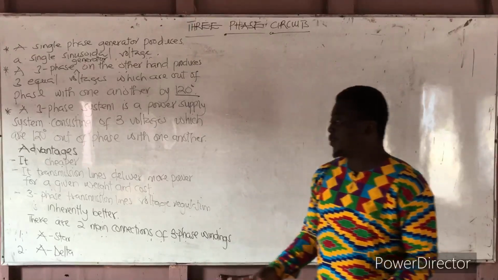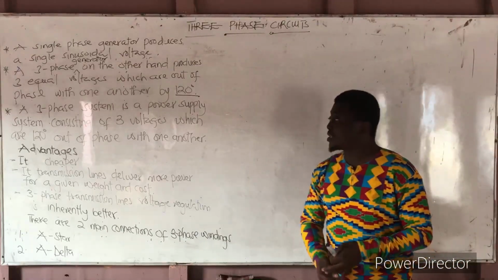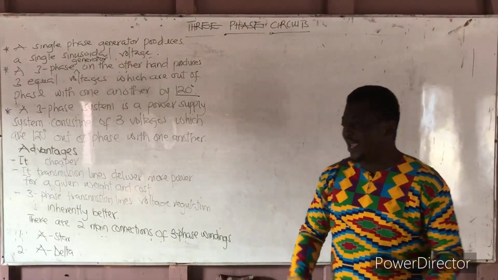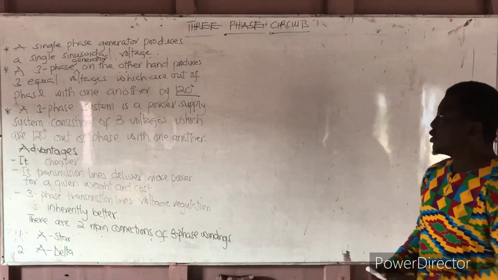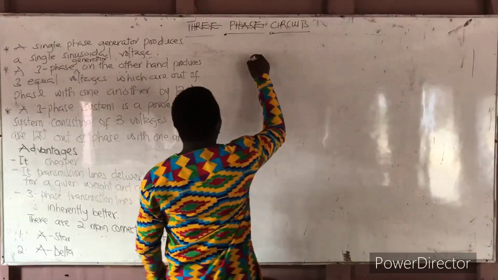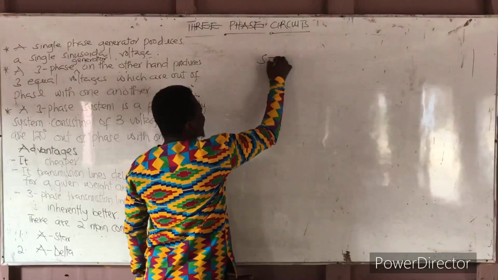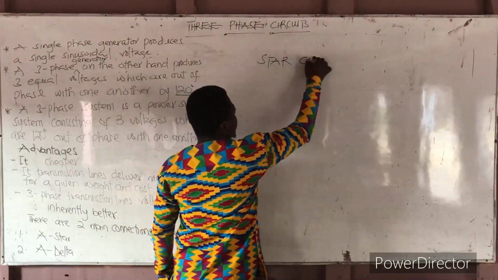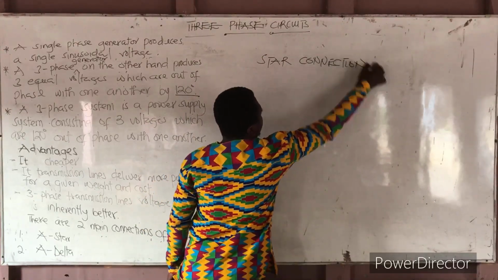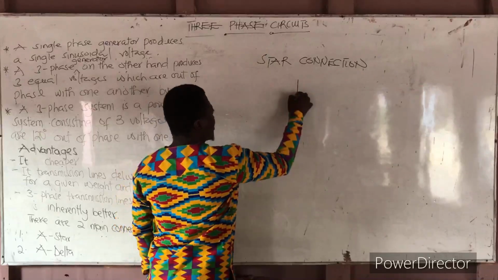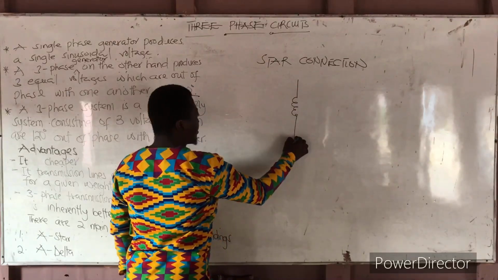Okay, so basically, when we come to three phase, there are two main connections of three phase winding. The first connection is the star. So we have the star connection. With the star connection, you see the winding will be like this.